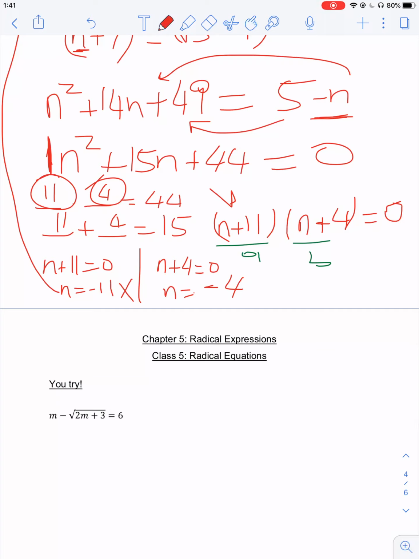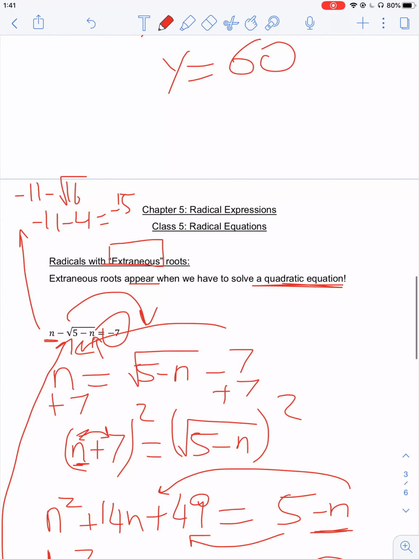So that means the other one will. Now let's try that out. So this is minus 4. If I plug in minus 4 over here, I'm just replacing n by minus 4: minus 4 minus the square root of 5 minus minus 4, which is actually 9.